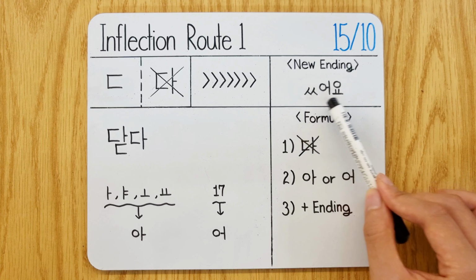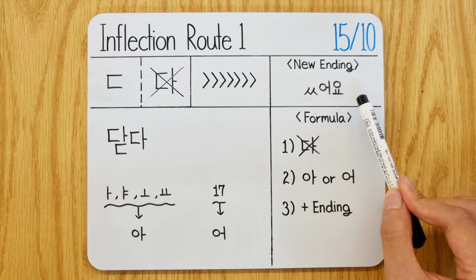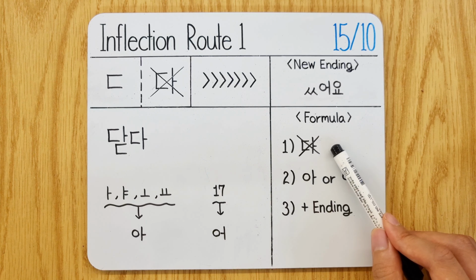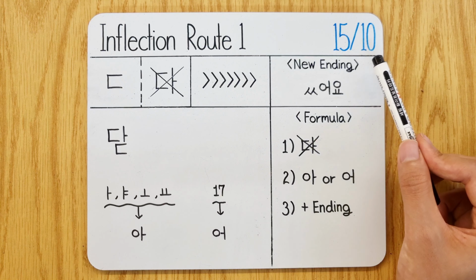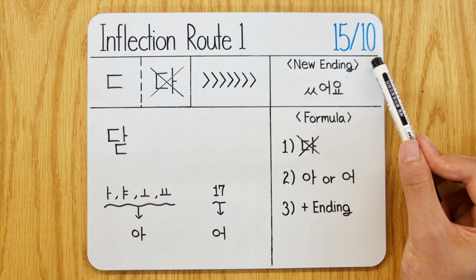So step number 1, remove ta. Step number 2, place a or o as the irregular middle section. Now we know what decides whether the irregular middle section is going to be a or o, right? We are reviewing what we talked about in the 9th video, in the previous video.